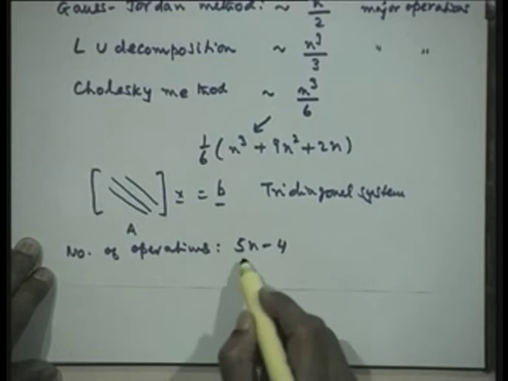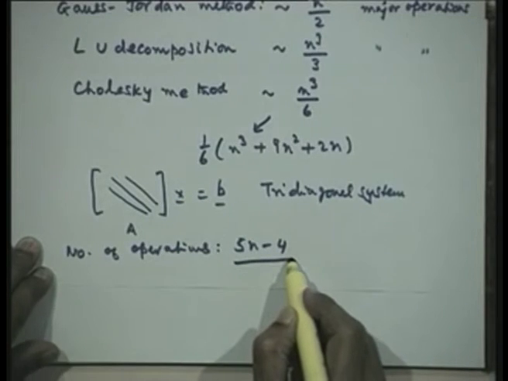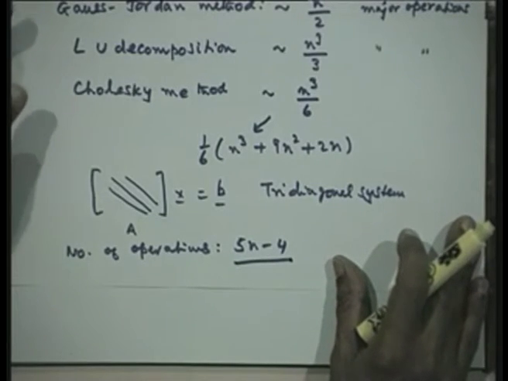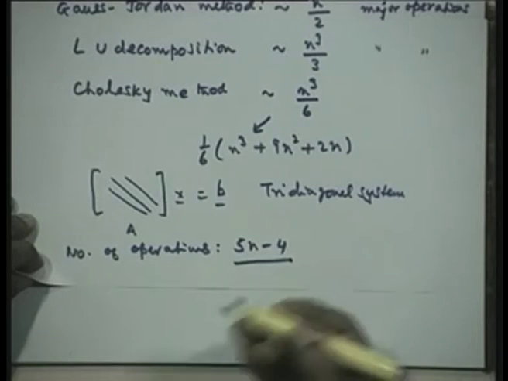Once you have such systems, the number of operations is enormously less, and hence we will be able to solve even millions of equations within a very short span of time. If you are taking a few million, it may take hardly a few hours, but still the problem can be solved.